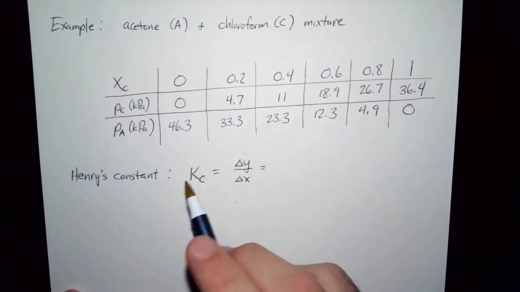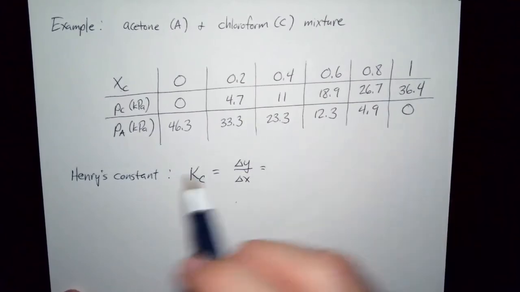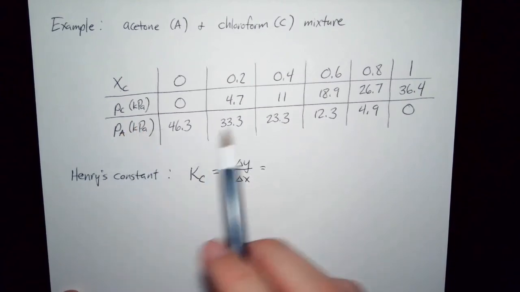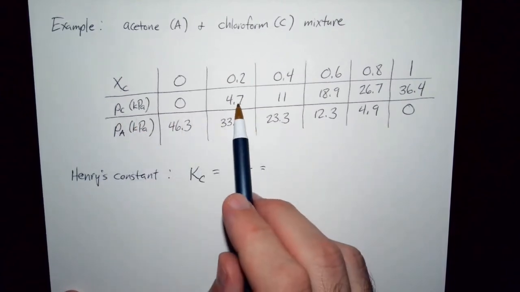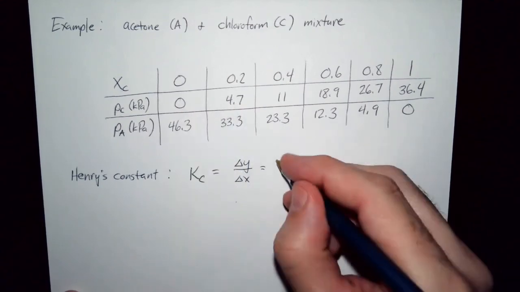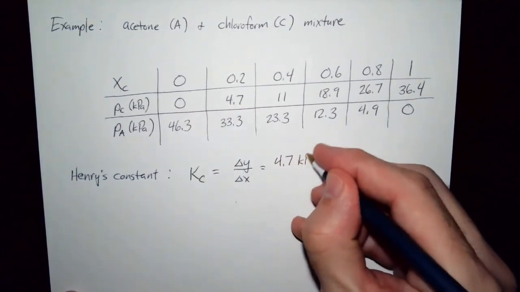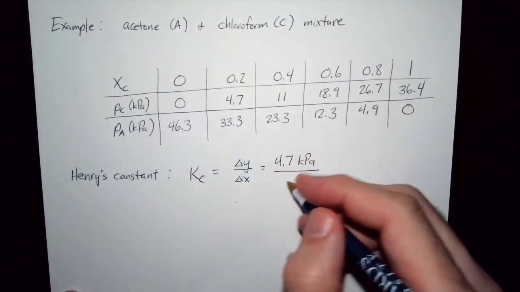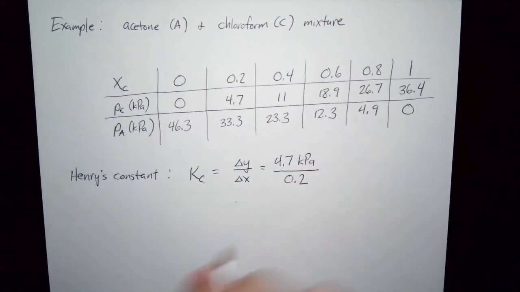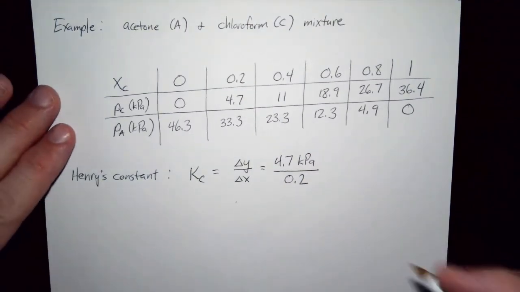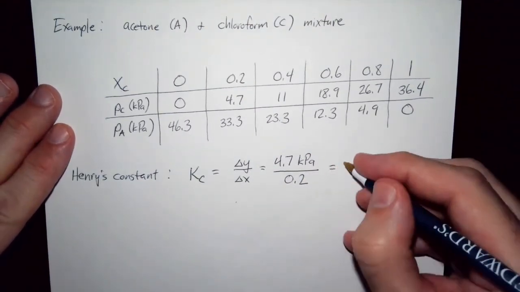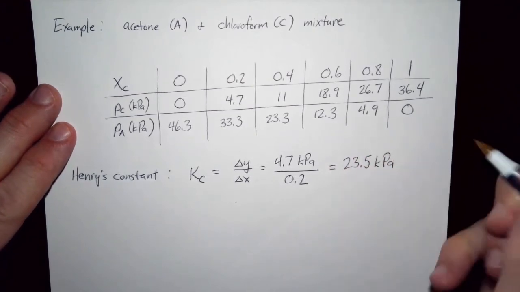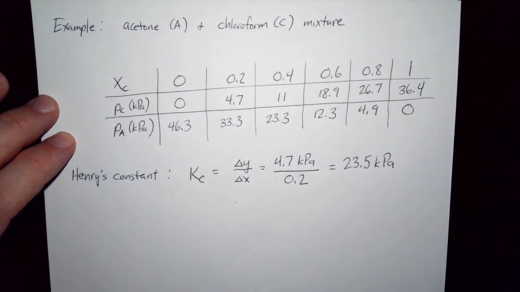Remember, I'm plotting p versus x, so p is y. Delta y is going to be 4.7 minus 0, and delta x is going to be 0.2 minus 0. We put this into a calculator, and we get 23.5 kilopascals. So that's Henry's constant for the chloroform in this mixture.